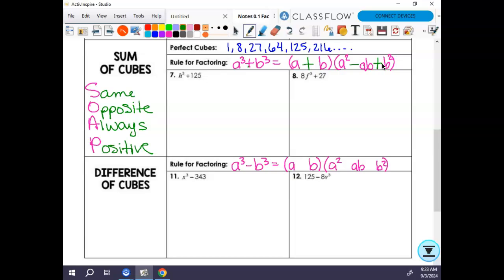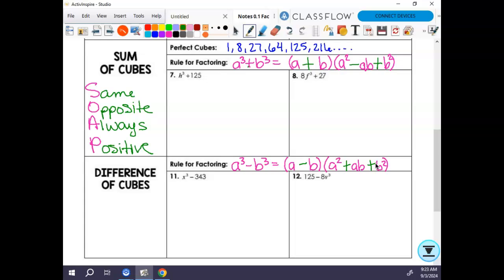When it's the difference, same, so it's minus, opposite, always positive. It doesn't matter what the sign is on the numbers themselves. I'll talk about it on the first one that we do, but for this difference.